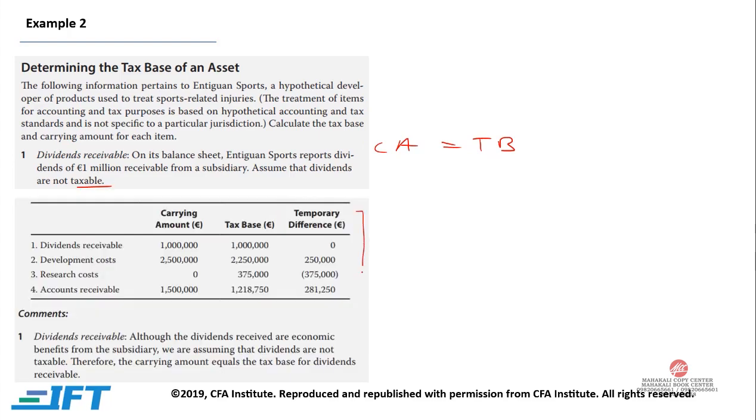Now this is the table given to us. As we can see, for dividend receivable, carrying amount and tax base are both equal. Although the dividends received are an economic benefit from the subsidiary, we are assuming that the dividends are not taxable. Therefore, the carrying amount equals the tax base for dividend receivable.